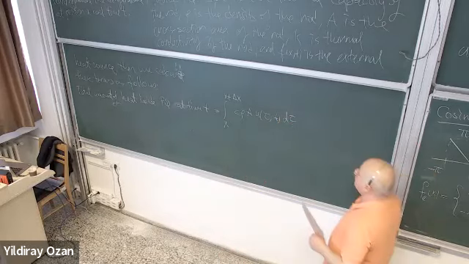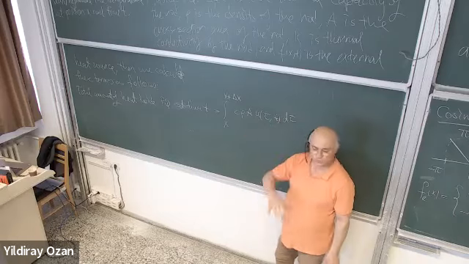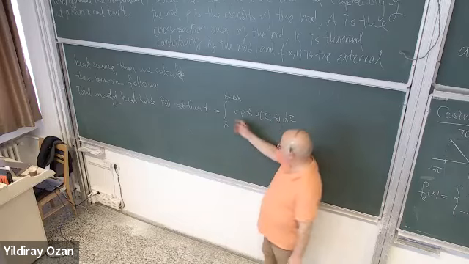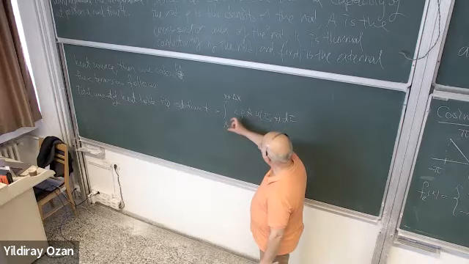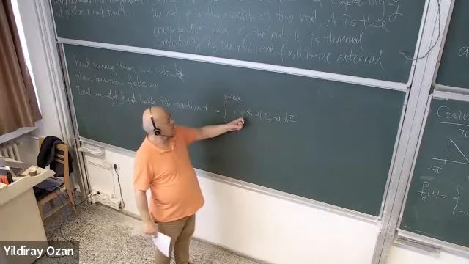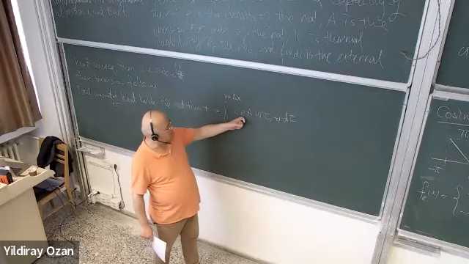What does this mean? The amount of heat and the temperature are of course proportional, right? And that proportion is given by this c, and rho is just the density of the material.